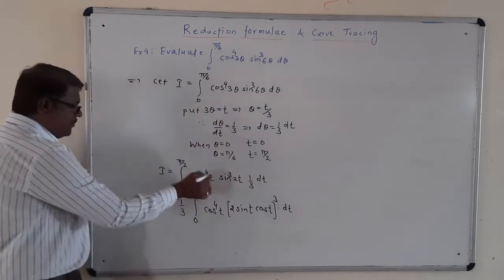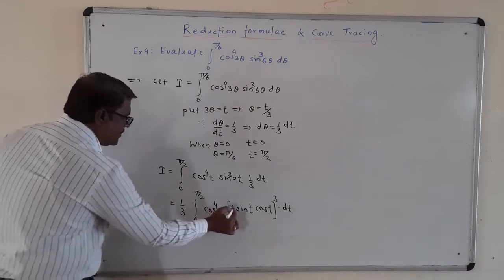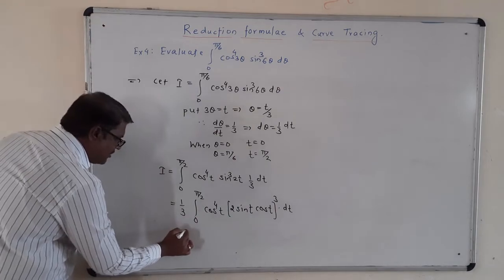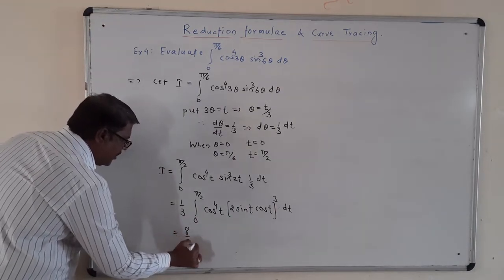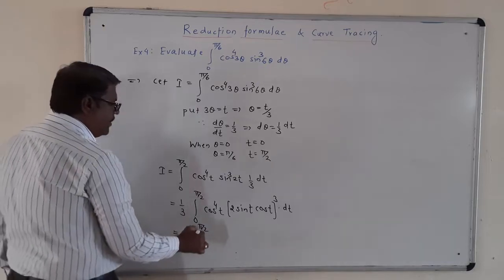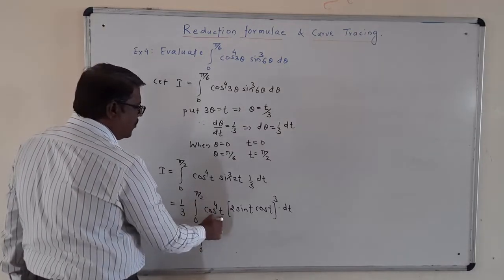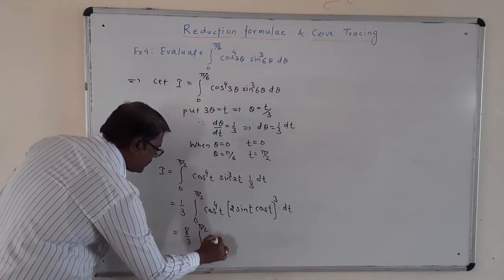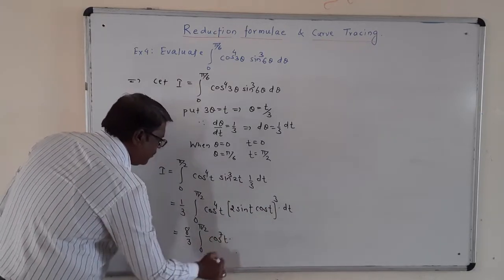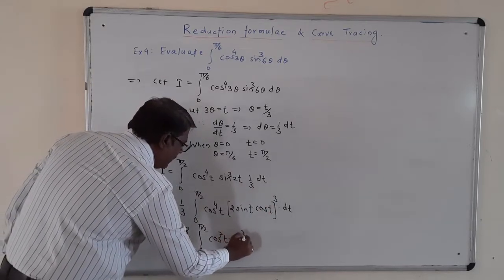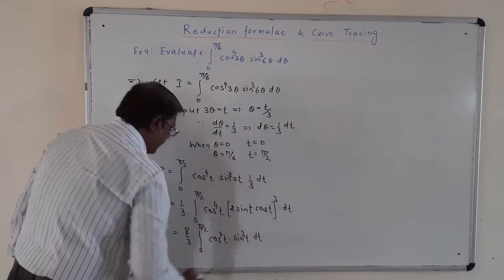Now if I simplify this, here it is 2 cube, that is 8, I can take 8 outside as it is constant. So 8 by 3 integration 0 to pi by 2. Now here it is cos raised to 4t and here it is cos cube t, so cos raised to 7t into sin cube t dt.